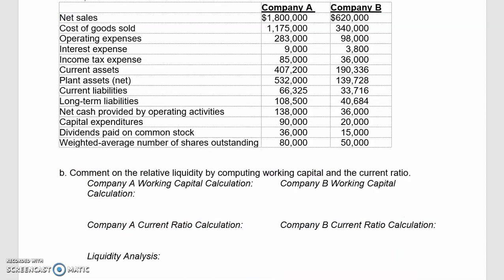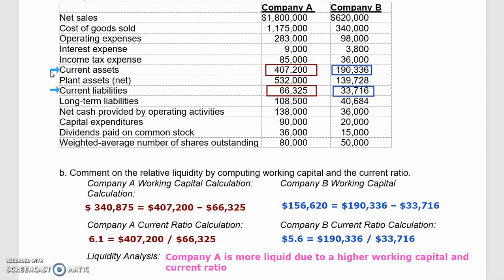Next, we're going to assess liquidity by computing the working capital and current ratio for both companies. For working capital, we take our current assets and we subtract out our current liabilities. We see that our working capital is higher for company A compared to company B. For the current ratio, we take the same dollar amounts, but this time we're looking at the current assets as a proportion of our current liabilities.